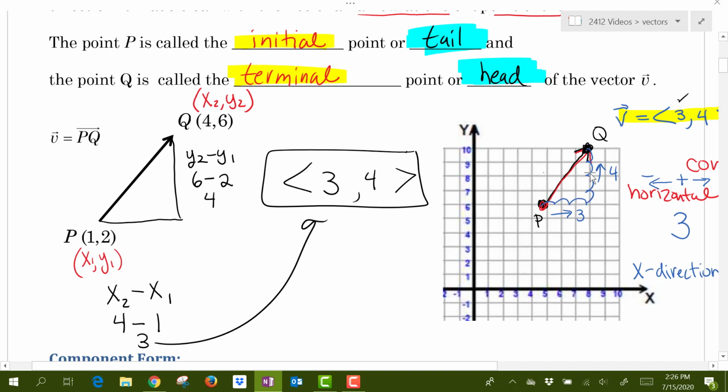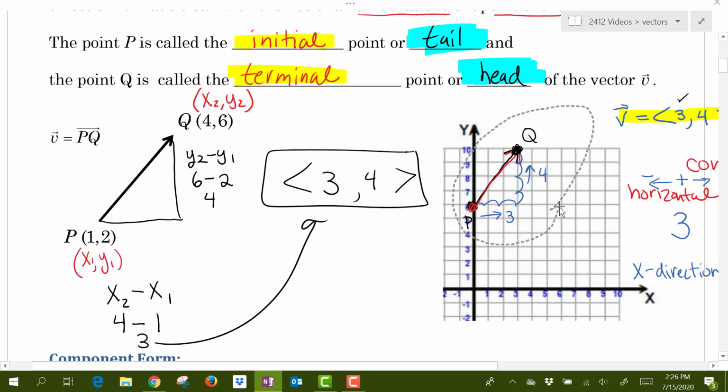It's still 3 to the right and 4 up. So moving the vector does not affect the two qualities of a vector, being its length and its direction. So moving the vector does not change its length, it does not change its direction, and it also does not change the component form of the vector.